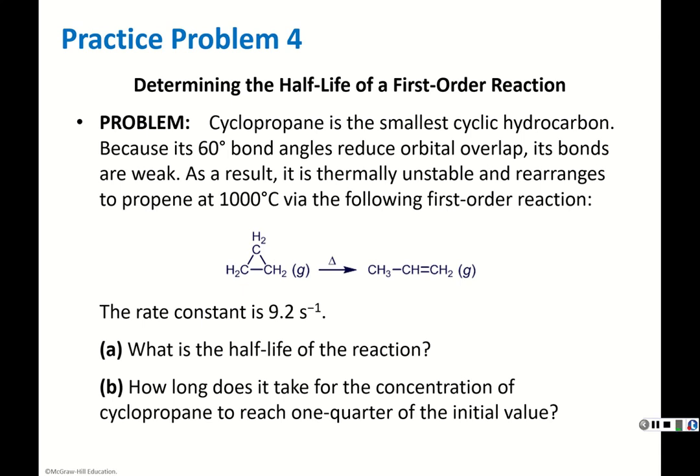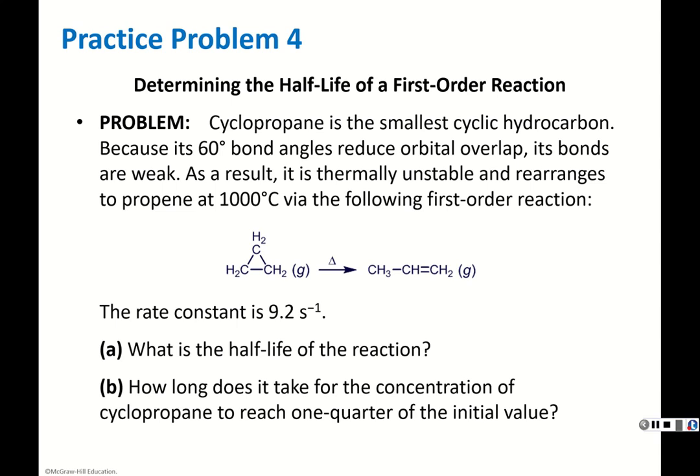As a result, it is thermally unstable and rearranges to propane at 1,000 degrees Celsius via the following first-order reaction. The rate constant is 9.2 per second. So we're told it's a first order rate. Rate law is given the K value.